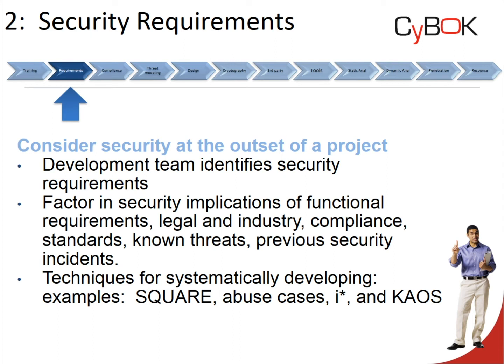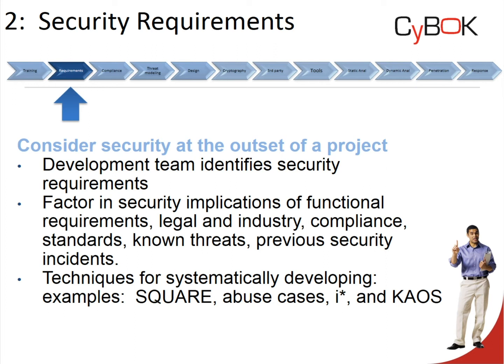HIPAA is for healthcare applications, and so a healthcare application needs to be HIPAA compliant. And so if you look at HIPAA, what you'll find there are some functionalities and some standards that need to be implemented in order for this application to be HIPAA compliant. Those go into the security requirements.